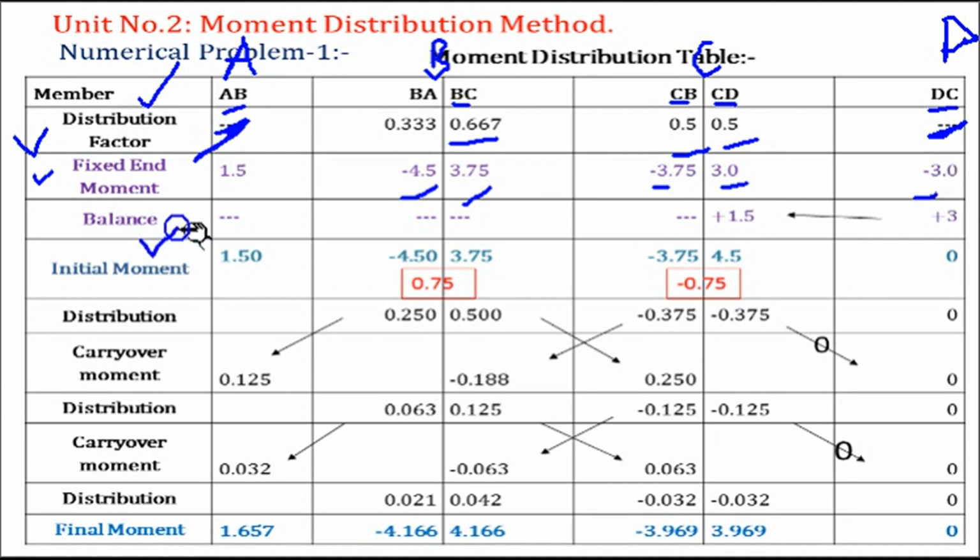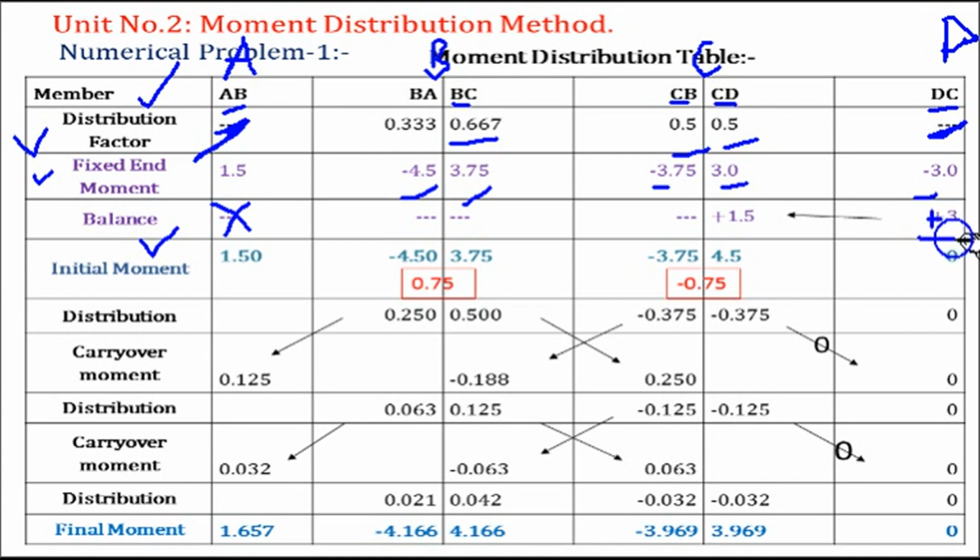Now the next step is balancing. Now AB is a fixed end, so balancing is not there. A is a fixed end because the end moment will remain there. Now DC is a simply supported end, so the end moment should be equal to 0. But here the fixed end moment is minus 3.0. So that means we have to make it 0. To make it 0, you have to add a balance moment of plus 3.